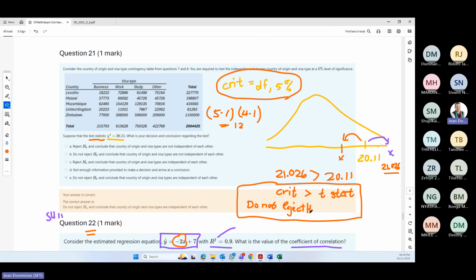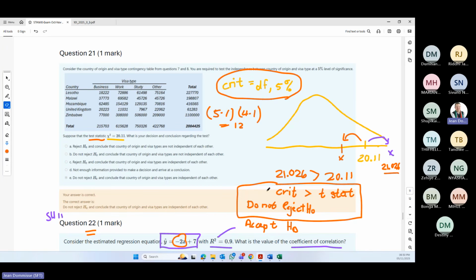We do not reject the null hypothesis, or we could have said we accept the alternative. Sorry, do not reject the null hypothesis is exactly the same as saying we accept the null hypothesis.